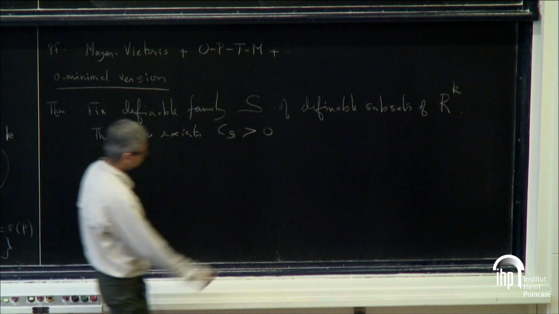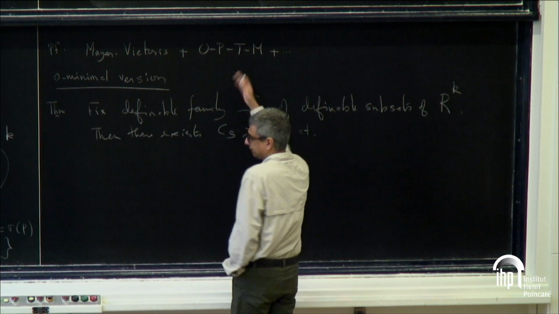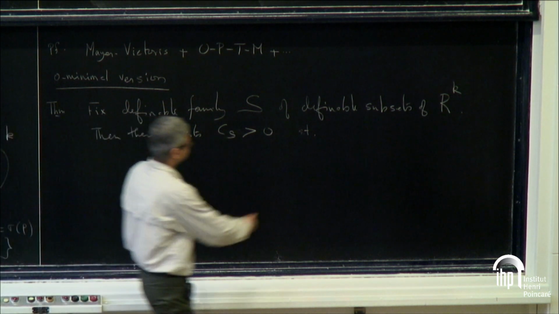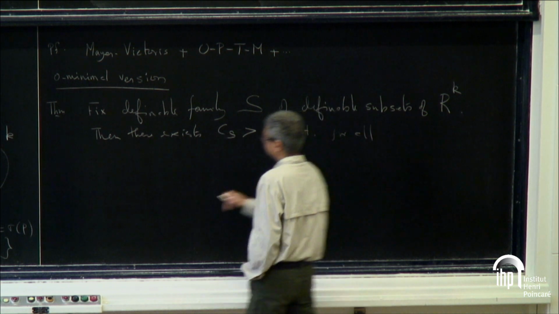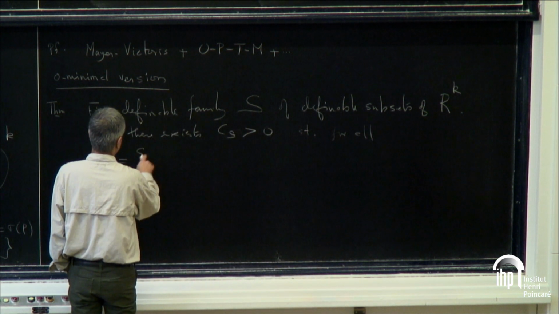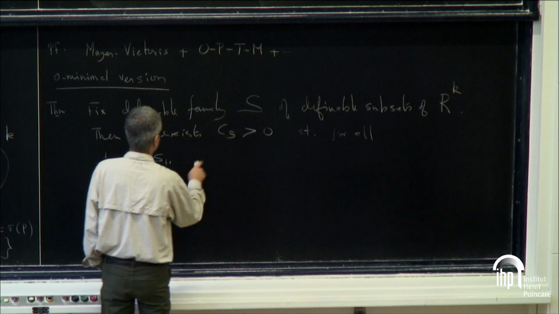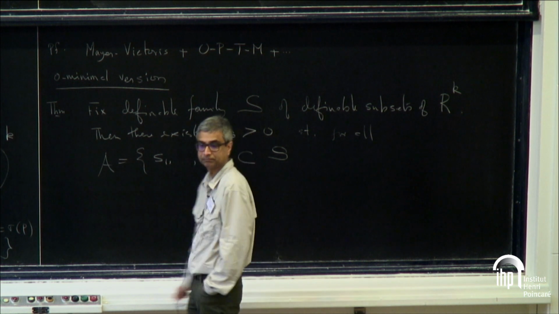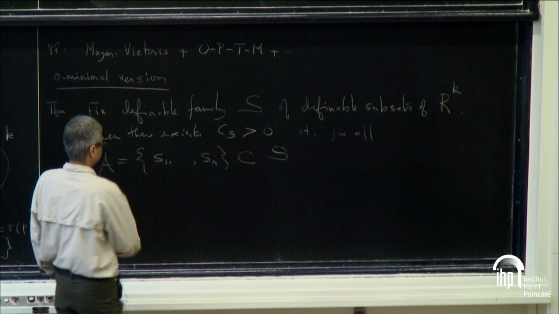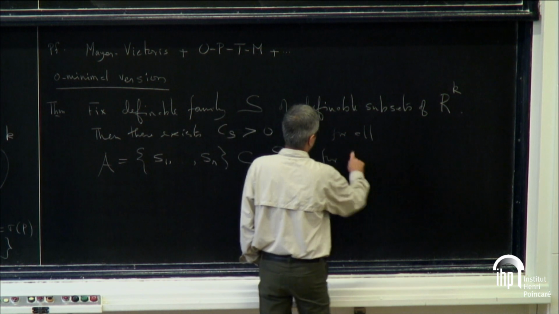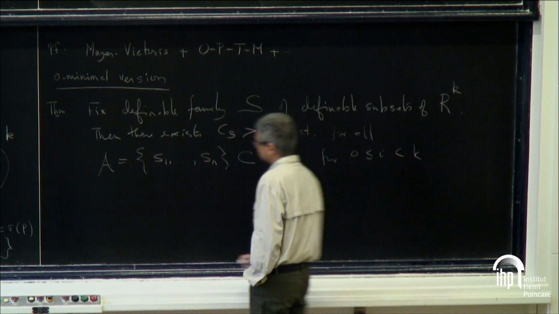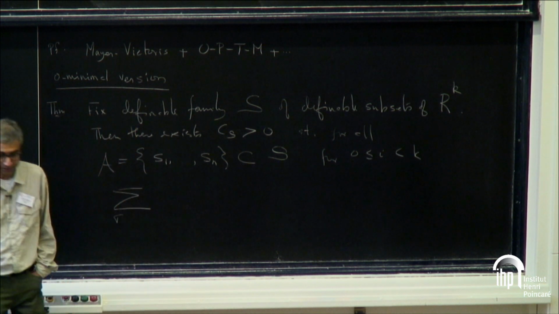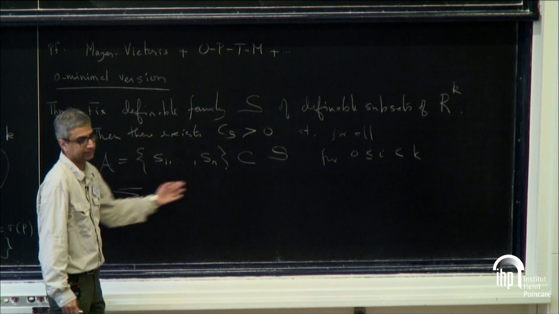such that if you are given an arrangement of these definable sets, so for all collections from this fixed definable family, then for the ith Betti number, the sum now over all sigma, and now we are looking at the partition imposed by these sets.